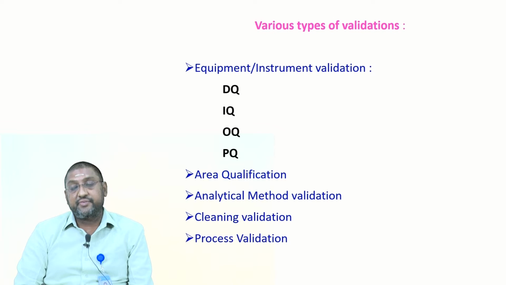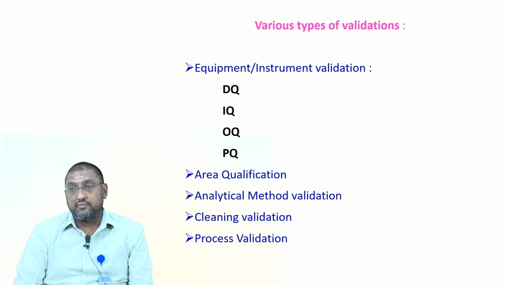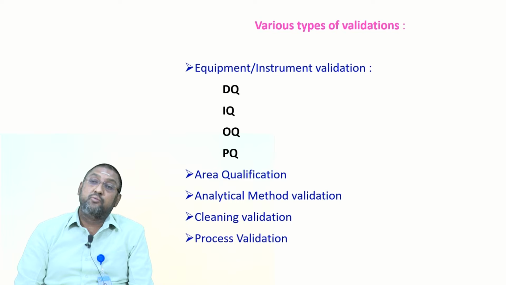DQ is design qualification. Design qualification is nothing but whatever is required, you give to engineering and they fulfil your requirement; that is called design qualification. For example, if ready-made reactors are available only for 200 liters or 300 liters, but you need 250 liters, you ask the engineer to design it to your requirement.